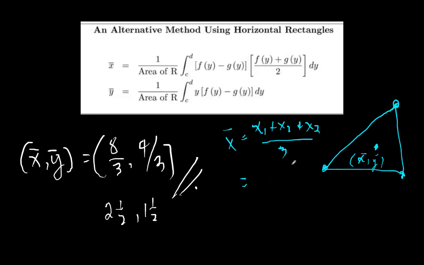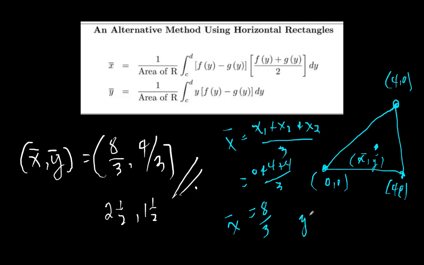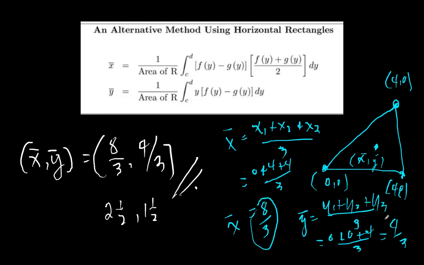What are those points? 0, 0; 4, 0; and 4, 4. So that's 0 plus 4 plus 4 over 3, so 8/3. That's x bar, right? And for the y bar, that's y1, y2, y3 over 3. It's just the average. So 0 plus 0 plus 4 over 3, 4/3. So therefore, it's 8/3 and 4/3. So we still get the same value.